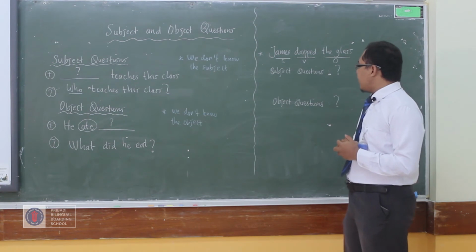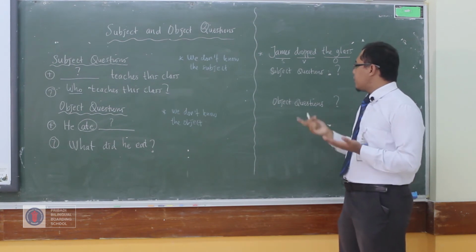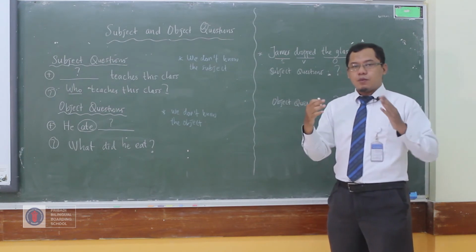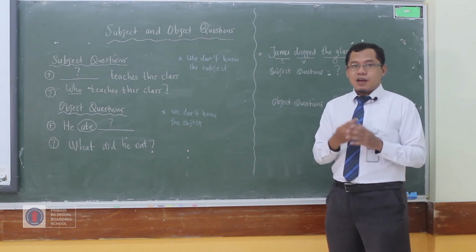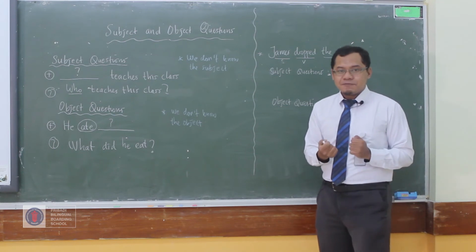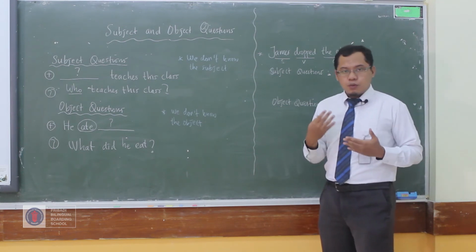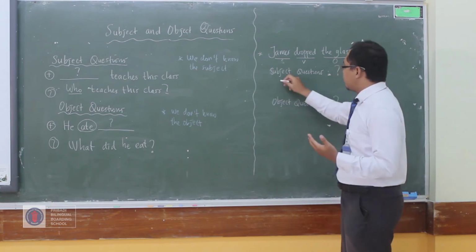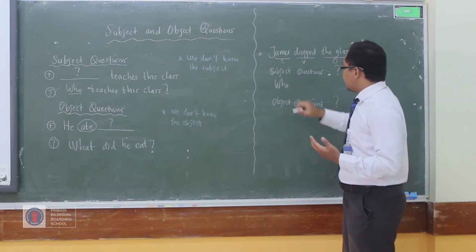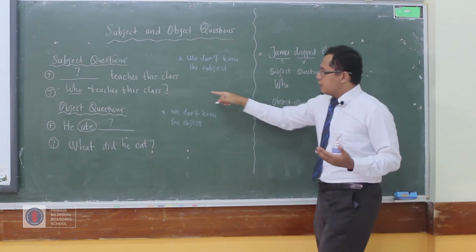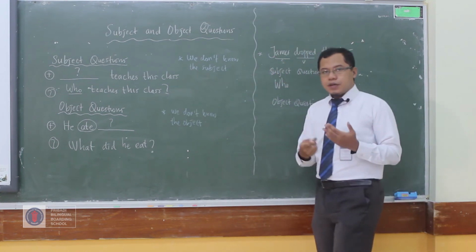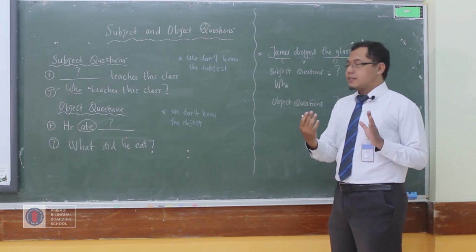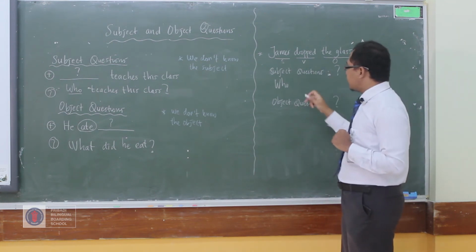So can you make a subject question from this sentence? Just imagine that you don't know the person, you don't know the one who dropped the glass. So how can you make a subject question then? Do we use what or who? Yes, we use who. And then, remember, after the question word, we write the verb. So what is the verb of the sentence?